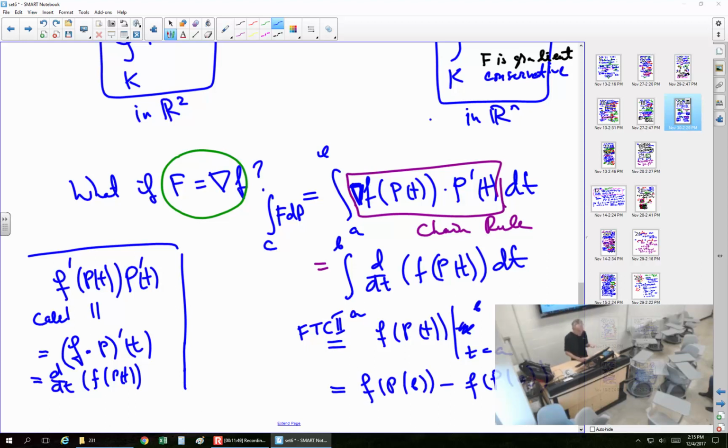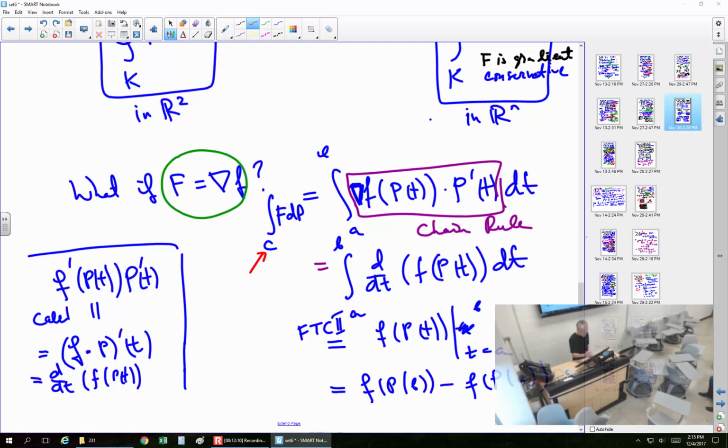Okay, so we apply the chain rule, and we apply the fundamental theorem of calculus from calculus 1. There is one more step here, and that is the crucial part of what we have been talking about: how line integrals are independent of parameterization.